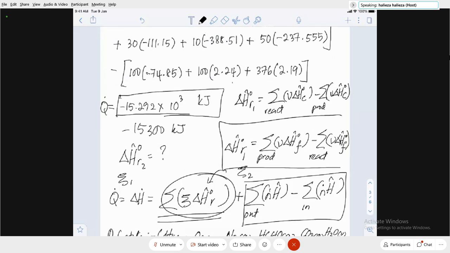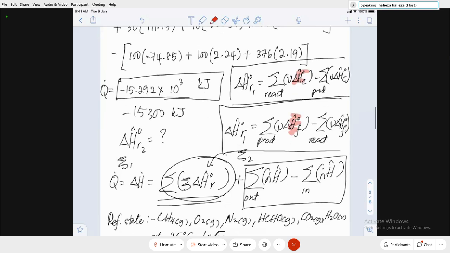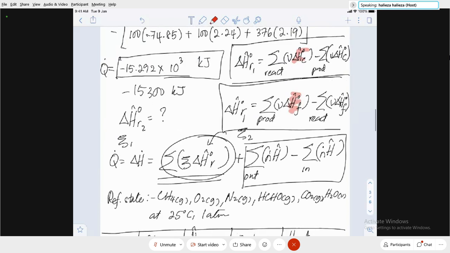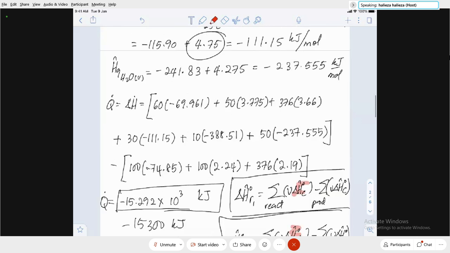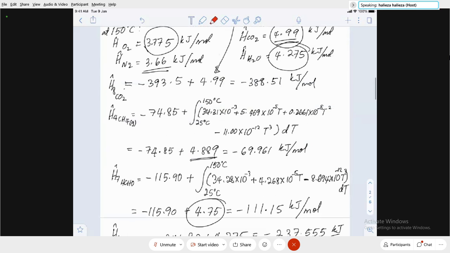So you have two methods of getting your heat of reaction. It is not that difficult, it's just that you have to go the extra length in calculating the heat of reaction and the extent of reaction. That's why it's better to use the heat of formation method when you have more than one reaction.